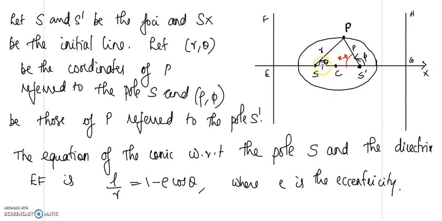Therefore rho by sin theta will be equal to r by sin of pi minus phi.